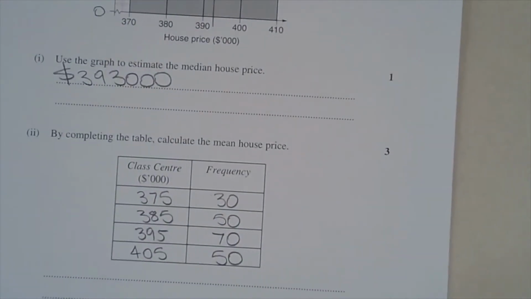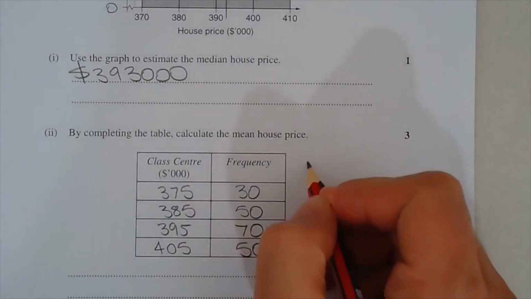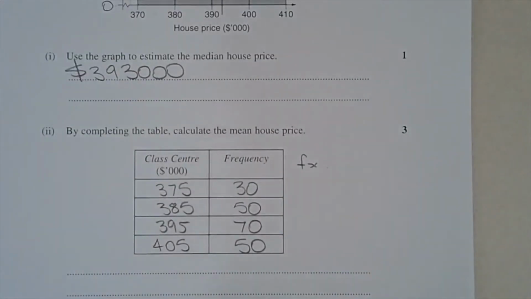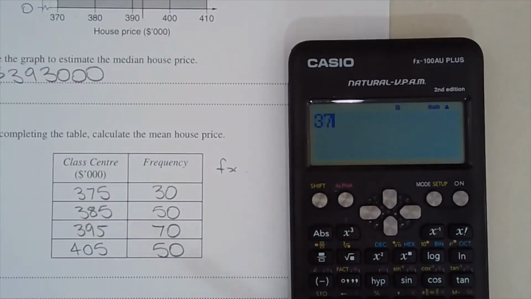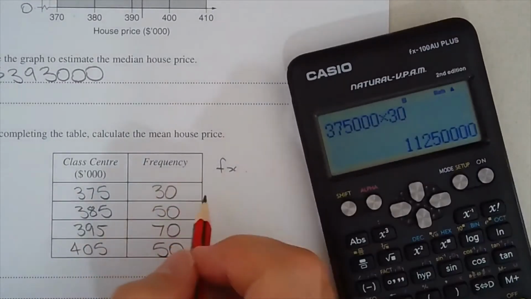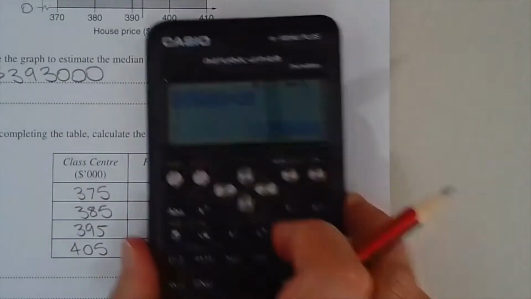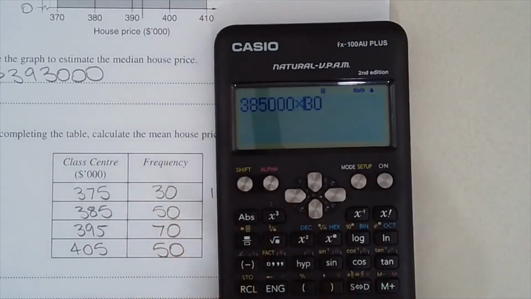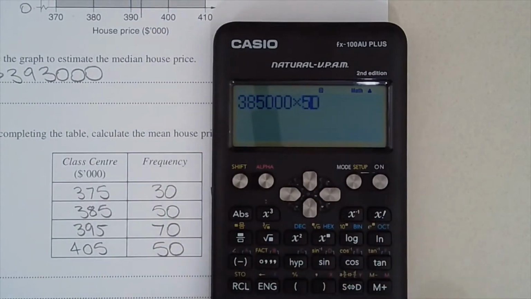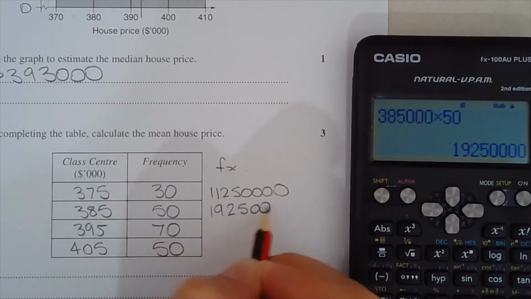Now to work out an estimate of the mean house price, we can create an fx column and multiply these two columns together. So 375, remember this is thousands of dollars, multiplied by 30, and we get 11,250. The next one along is 385, which occurs 50 times, giving 19,250.